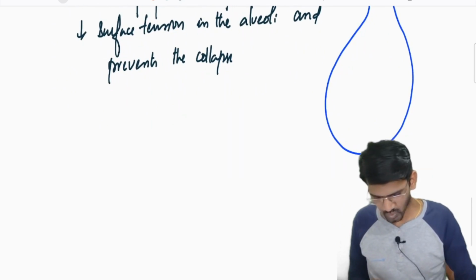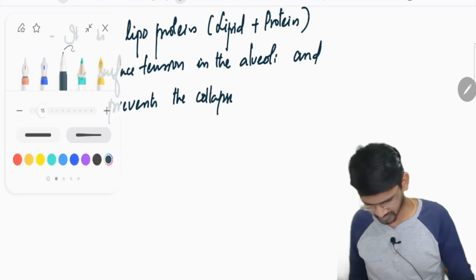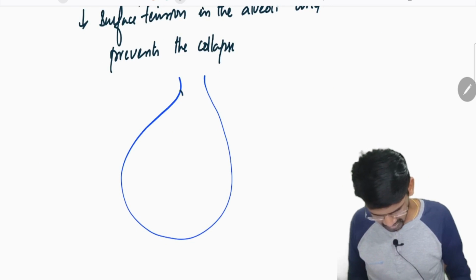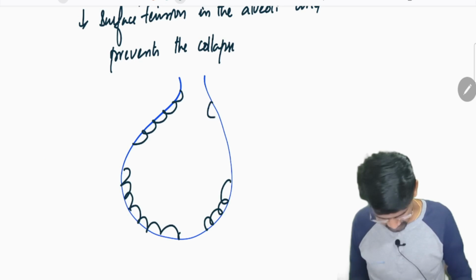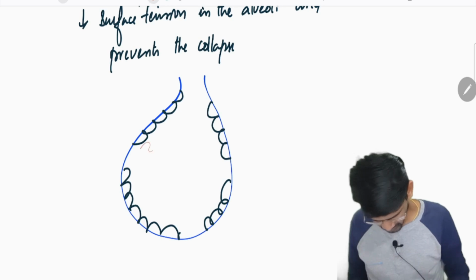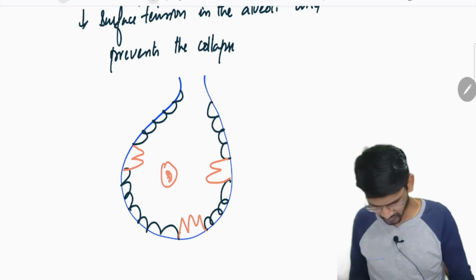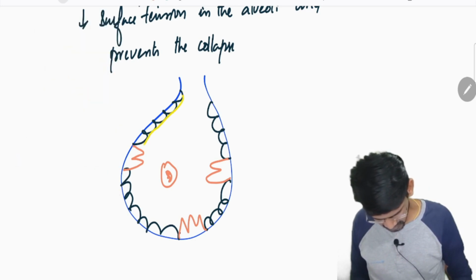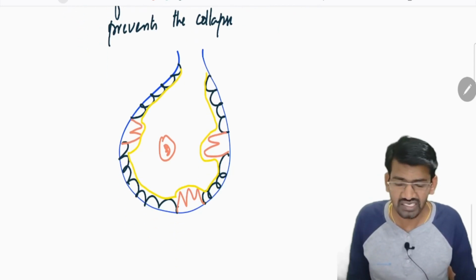It is lined by two types of cells. Alveoli is a sac-like structure lined by two types of cells.